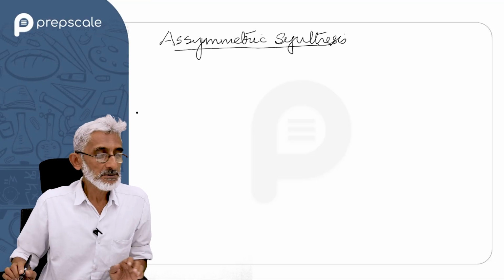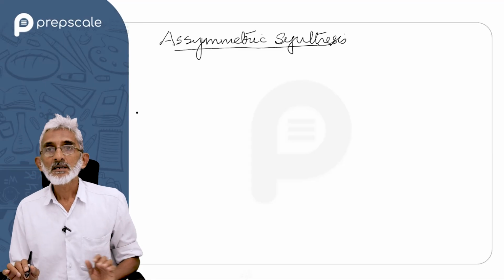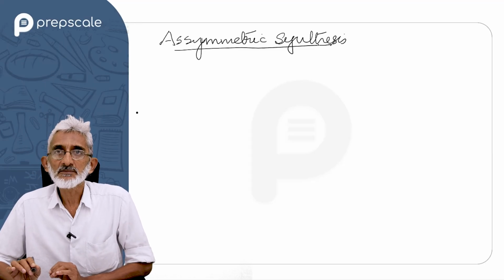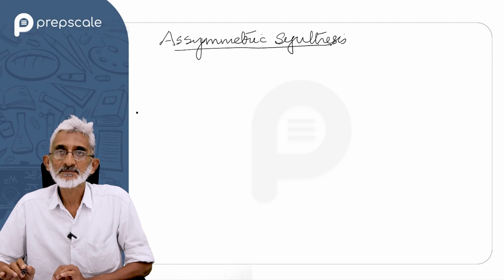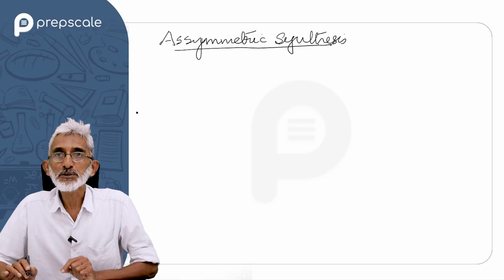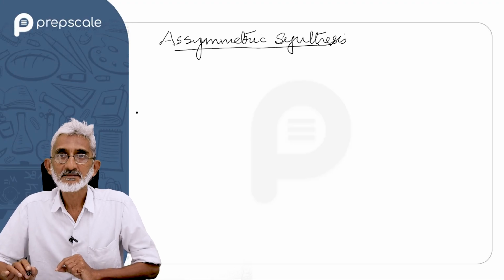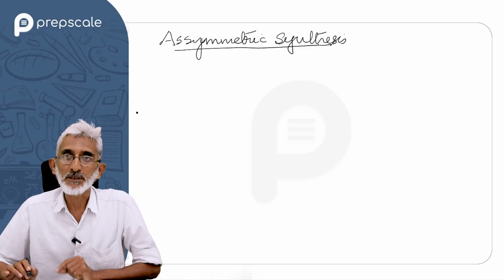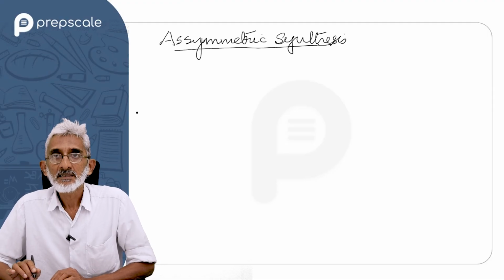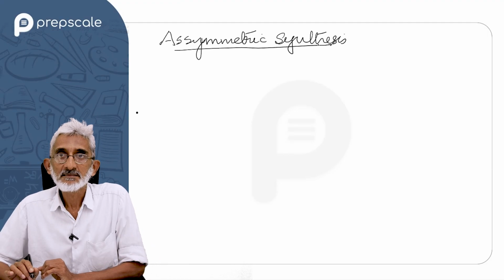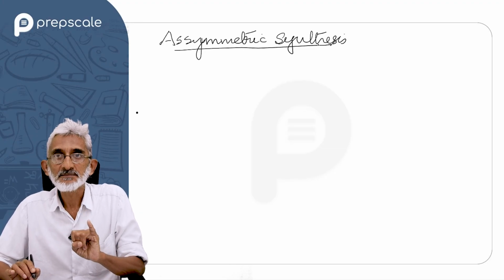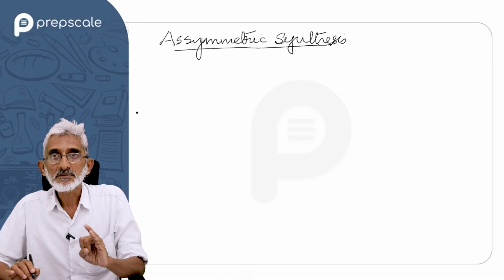Now you should know that any symmetric system will lead to symmetric products. Symmetric reactants will lead to symmetric products. If you want a chiral compound, you should have some chirality in the starting material. Either 1. Substrates, 2.